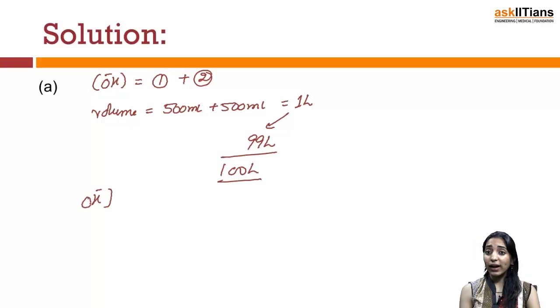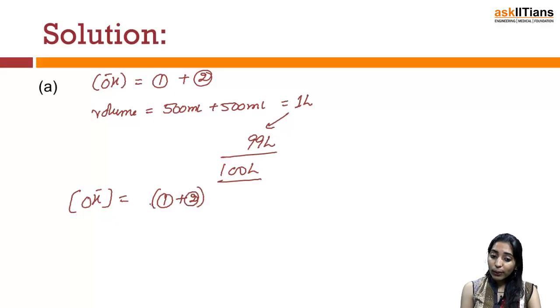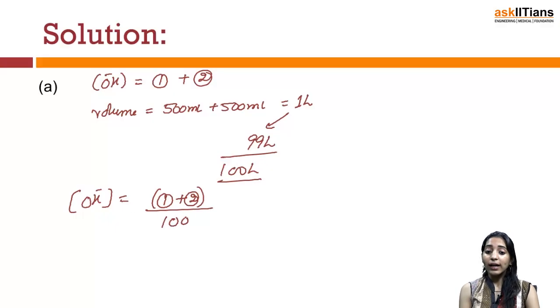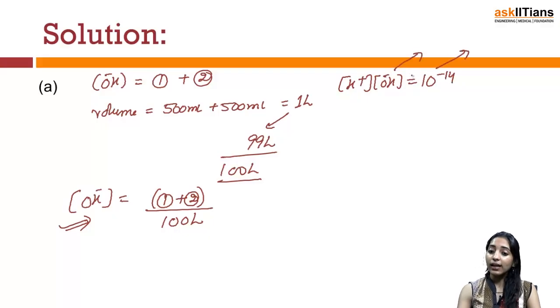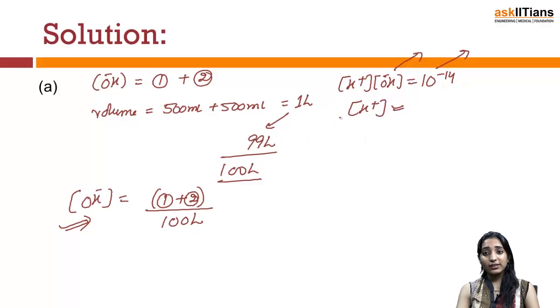I can very easily find the concentration of OH minus, as the number of moles of OH minus coming from both solutions divided by the volume of solution in liters, 100 liters. On finding the concentration of OH minus, I can say that H positive into OH minus will be 10 to the power minus 14. I know the value of OH minus and 10 to the power minus 14, so I can very easily find the concentration of H positive.